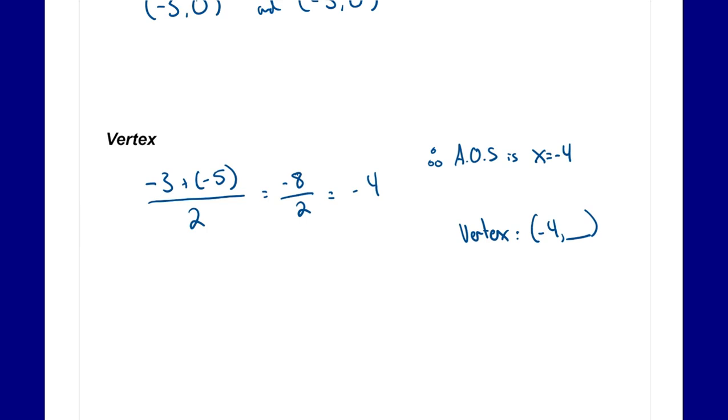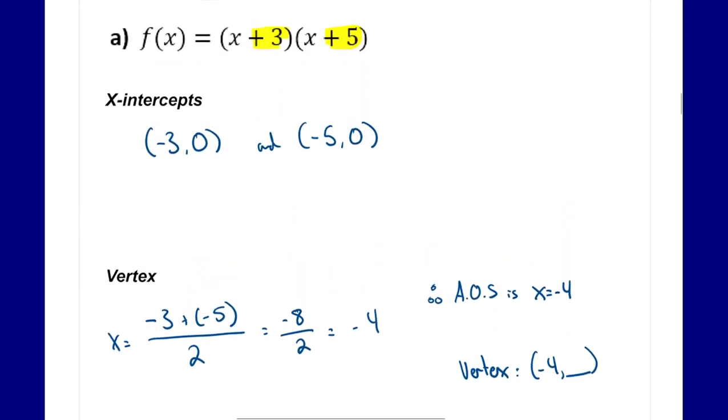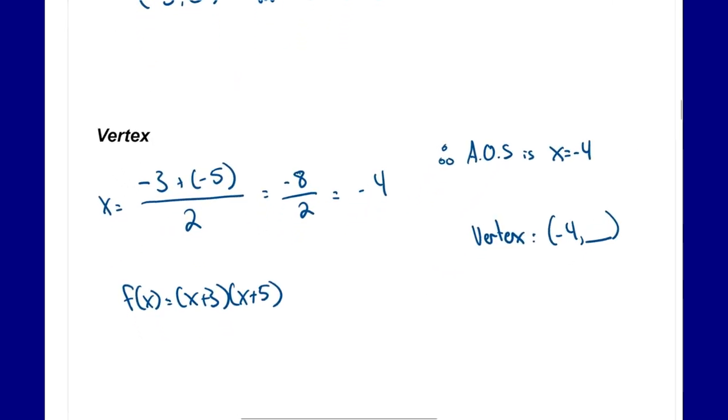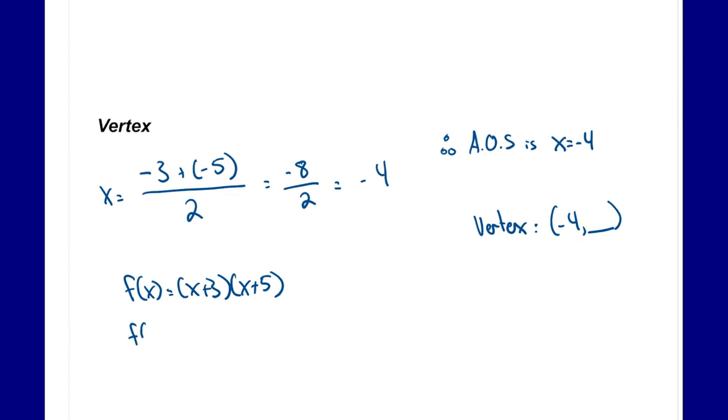How we find that value is we take this negative 4 and plug it back into the equation that was given to us. So if f of x equals x plus 3 times x plus 5, we're finding the value of the function when x is equal to negative 4, or f at negative 4, which will equal negative 4 plus 3, going back to function notation, times negative 4 plus 5.